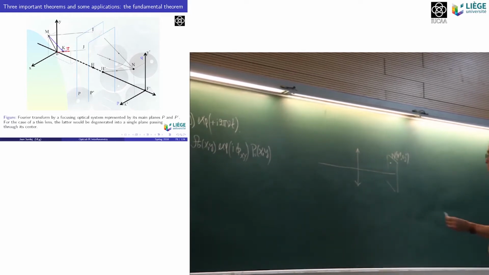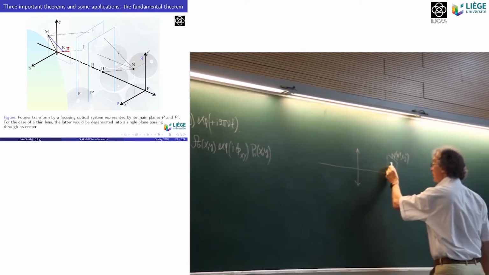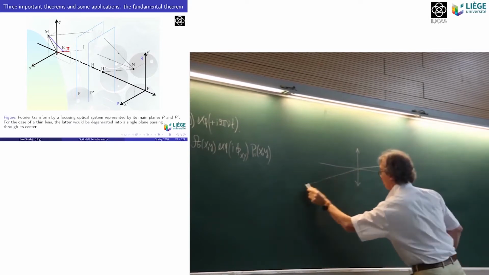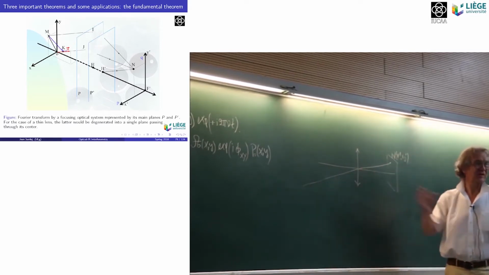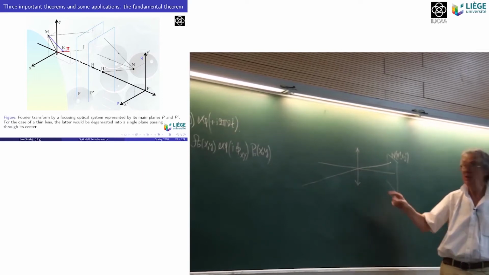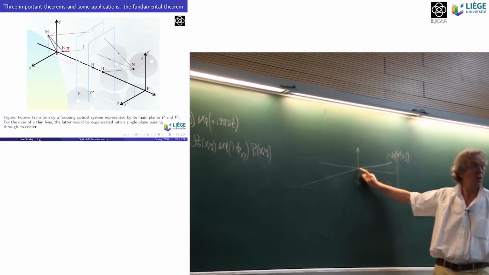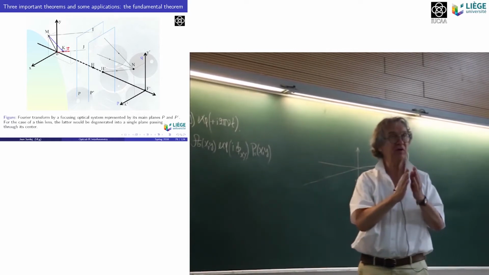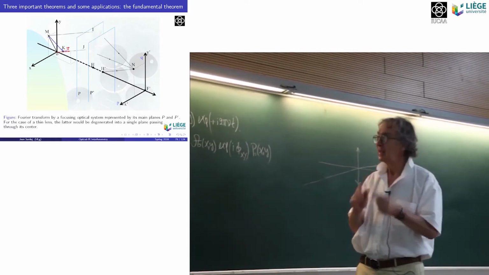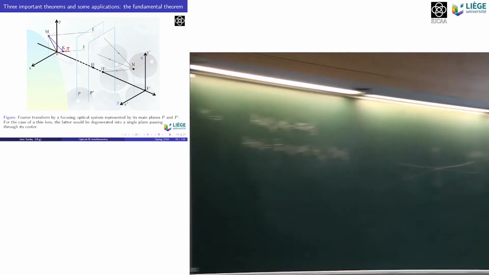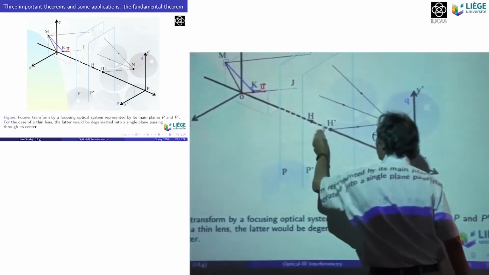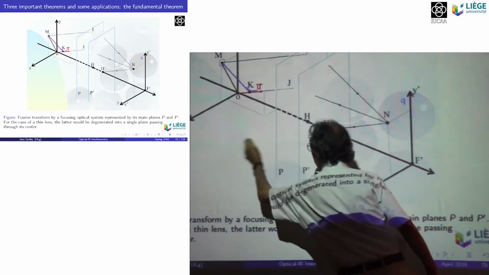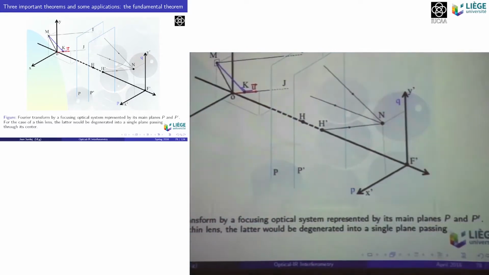I know that this ray, for the case of a simple lens, is not deviated, because it goes through the center O. Here it's a bit more complex because the lens is more complex, and you have to refer to the two principal points, H prime and H. So this ray goes through H and remains parallel.